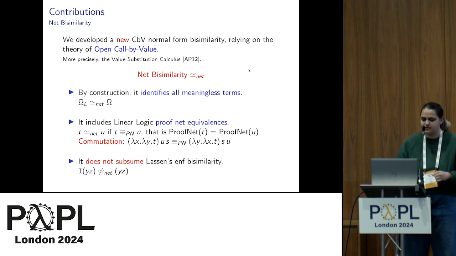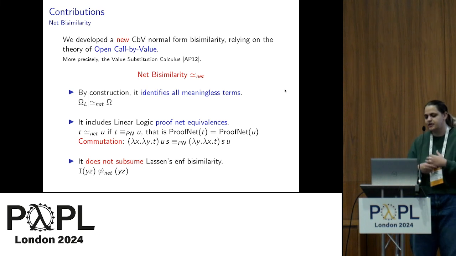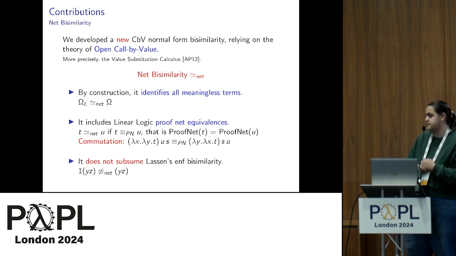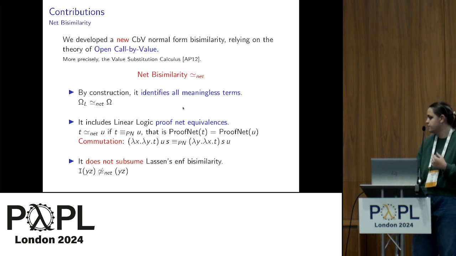And this is called net bisimilarity because we also are able to include linear logic proofnet equivalences. So by proofnet equivalences, I mean that T is in relation with U when their interpretations into proofnets are the same. So one law, I've only written one of the things that are included in proofnet equivalences, is this idea of commutation, that you can actually commute the argument applied to a term.